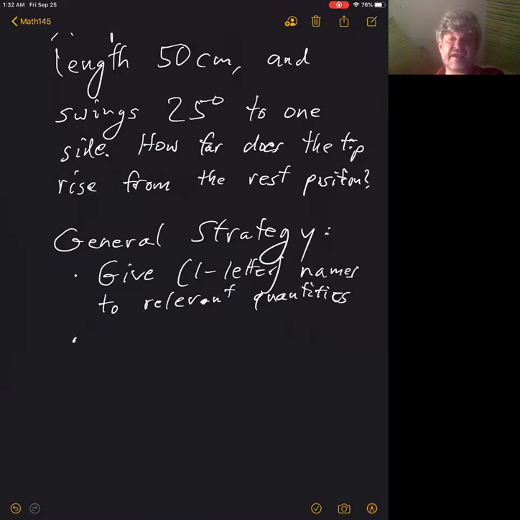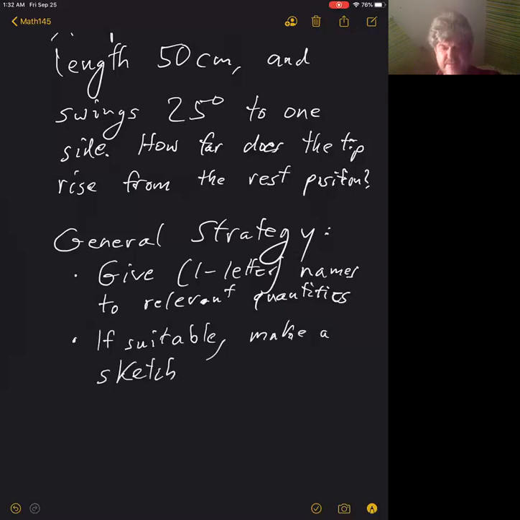Next thing, if it's a word problem that has geometry in it, make a sketch. Keep it simple.